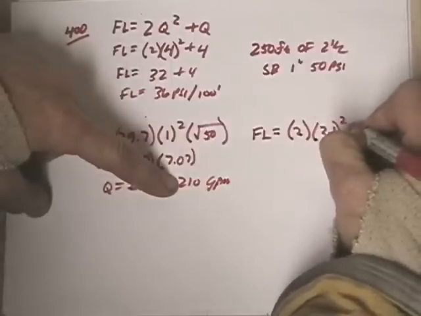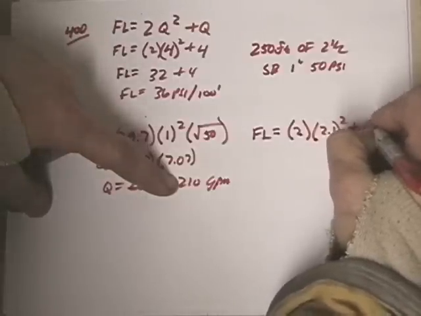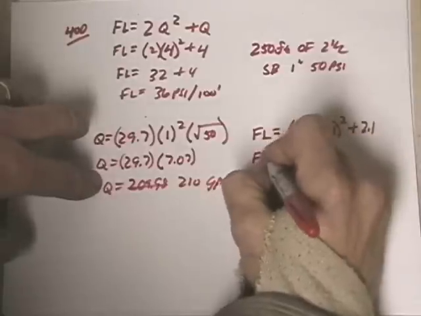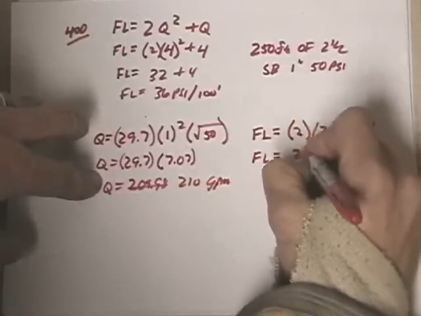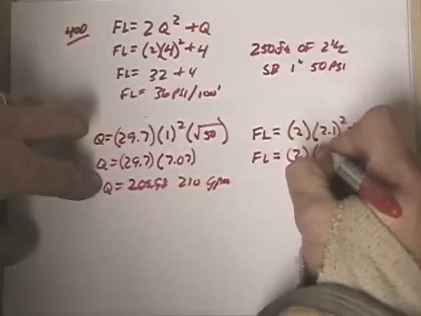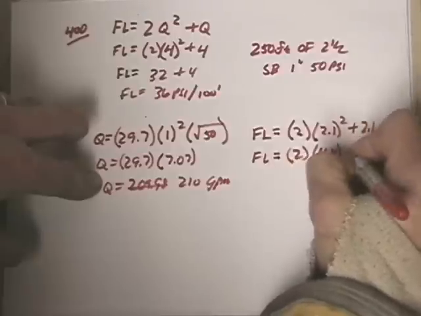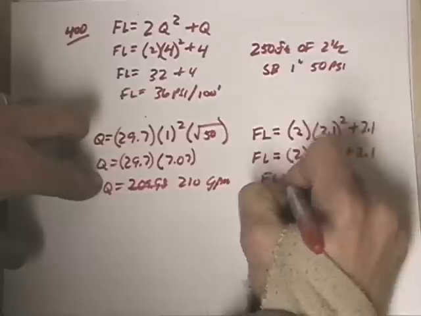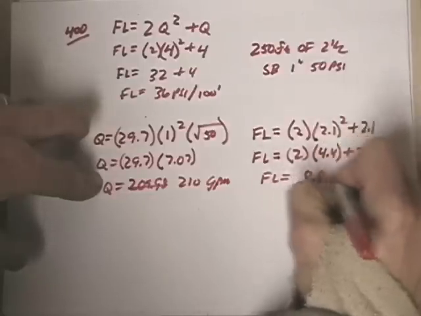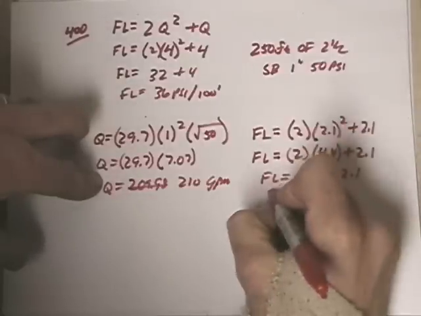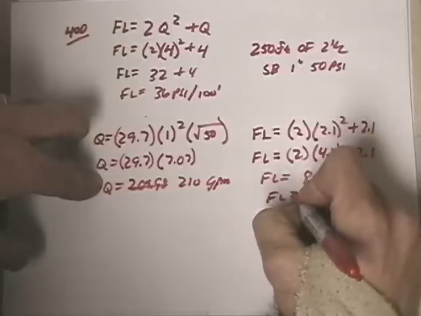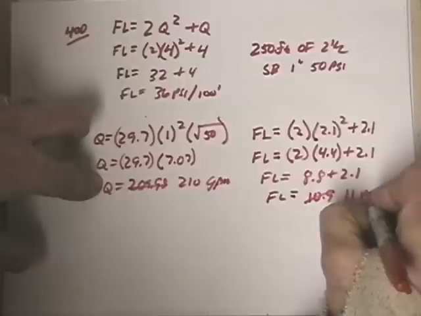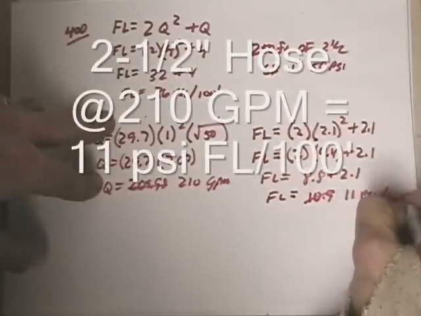We're going to square it, and then add in 2.1 also to add in Q. So our friction loss is equal to 2 times, and 2.1 squared is 4.4, plus 2.1 again. Friction loss is equal to 8.8 plus 2.1, and so our friction loss is equal to 10.9 or 11 psi per 100 foot.